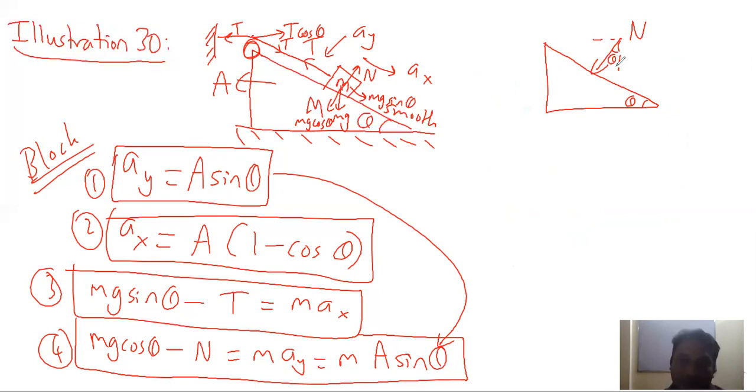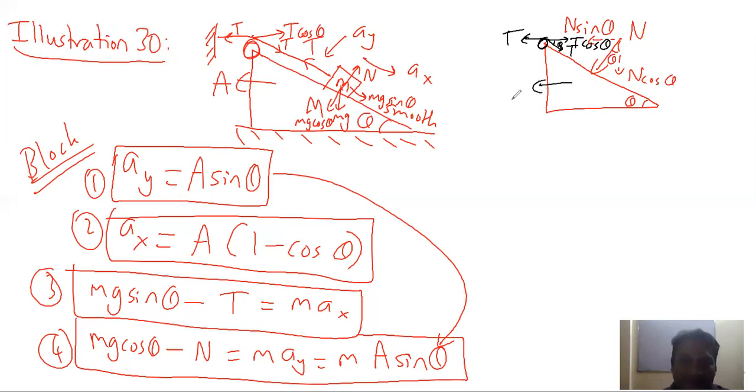Now this component will be N cos theta because it is along theta, and this component will be N sin theta. Other than this, we have a tension force T on the wedge. So T like this, and one T here. So its component along horizontal will be T cos theta.